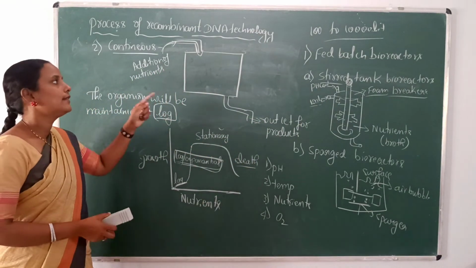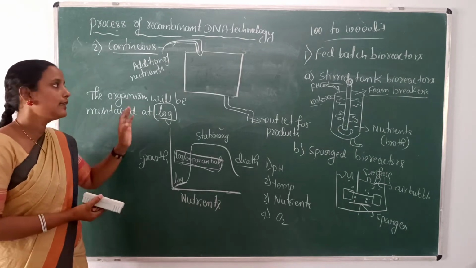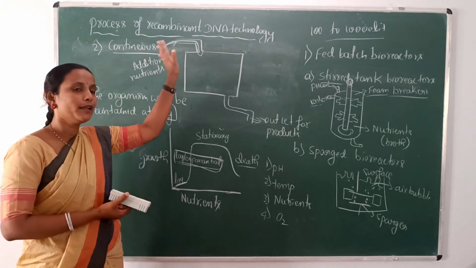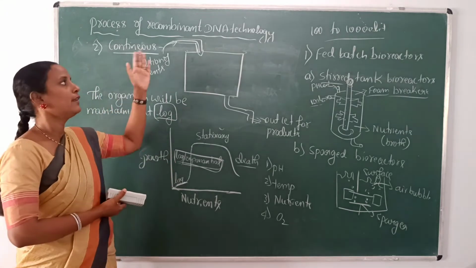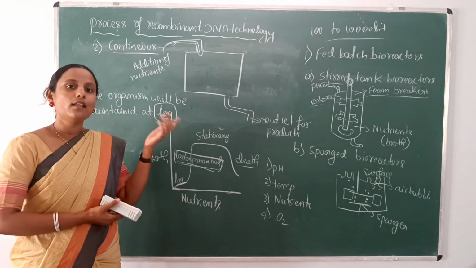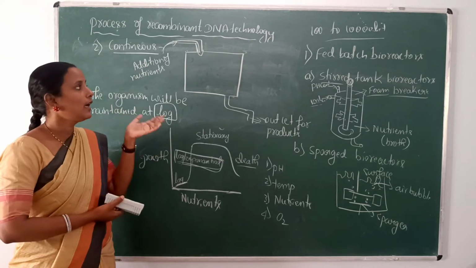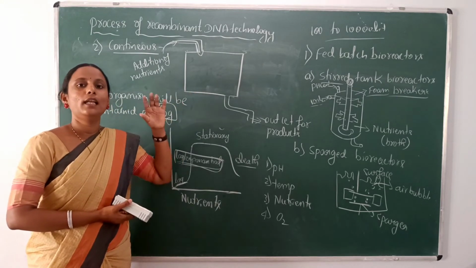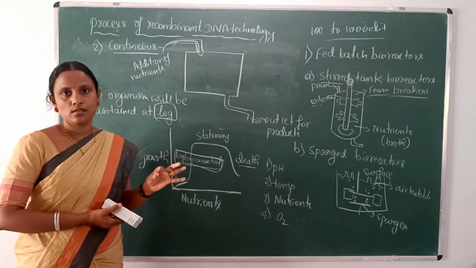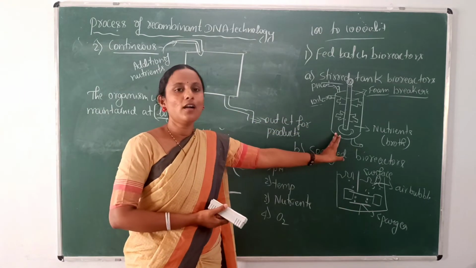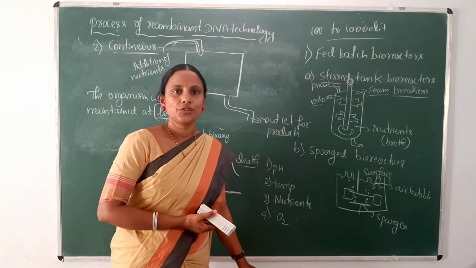But the disadvantage of this is, since it is an open system, the nutrients are continuously added, there are more chances of contamination. While adding the nutrients, there may be other organisms enter too. For that, the quality checking will be done for defined at every intervals. But it is not required in case of fed batch.